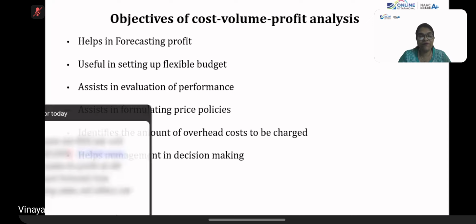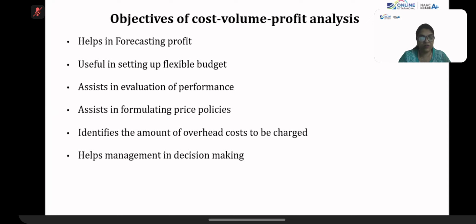Useful in setting up flexible budget. Cost volume profit is useful, students, in creating your flexible budgets, which will adjust according to the level of production, sales.